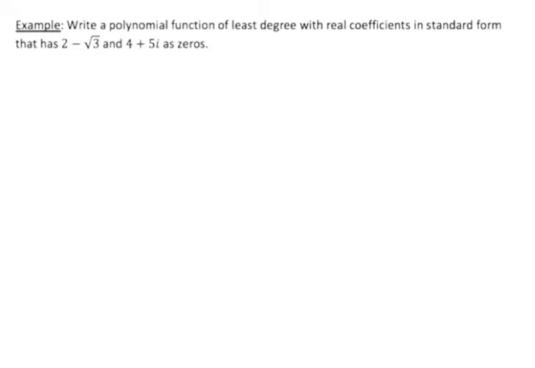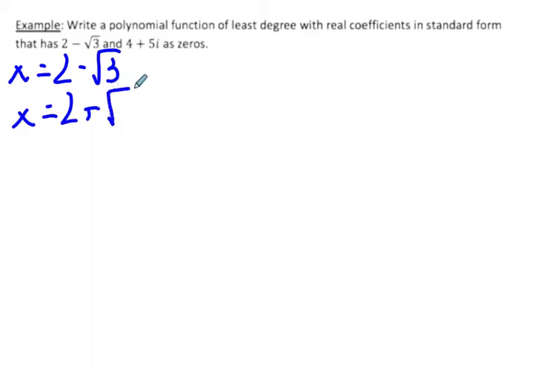So we have x equals 2 minus radical 3. We have then its conjugate, which would be x equals 2 plus radical 3.